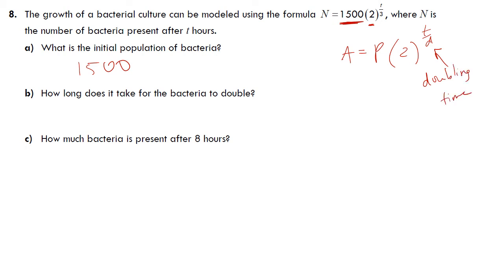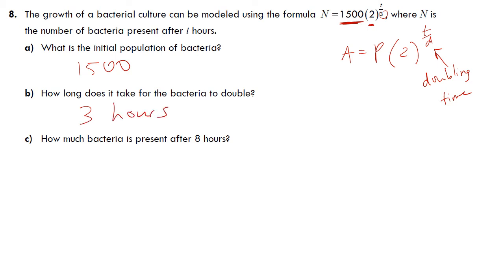So again, we don't have to do any work, we just have to go back to understanding these equations. That right there is where the D normally is. So how long does it take for the bacteria to double? 3 hours. That's just pulling the information right out of our equation.